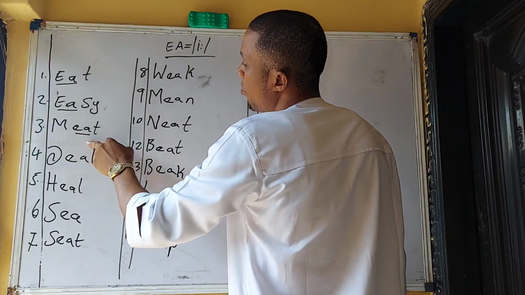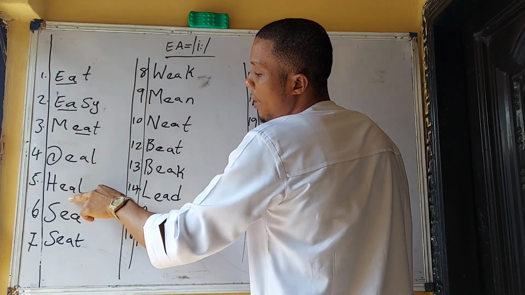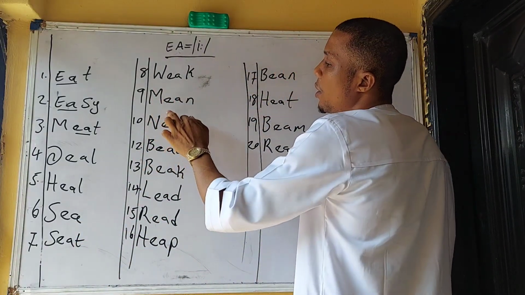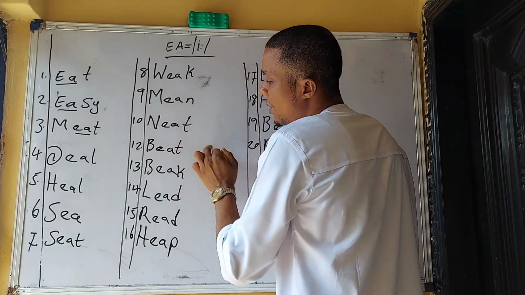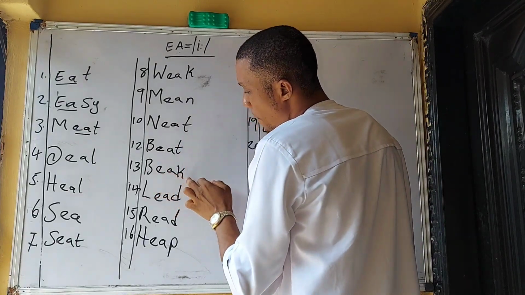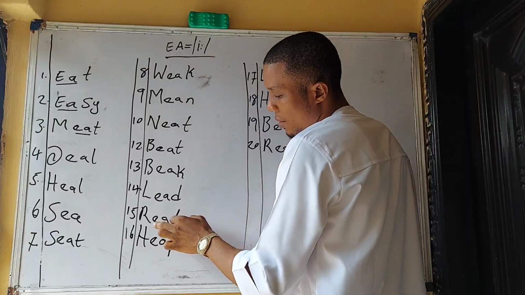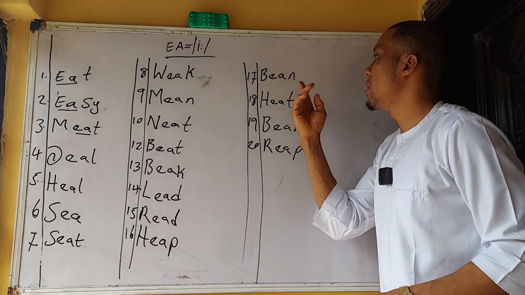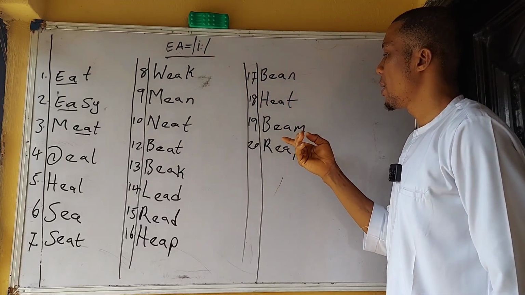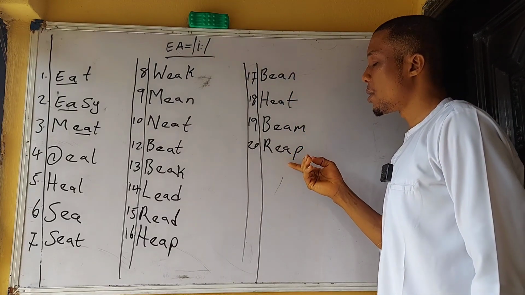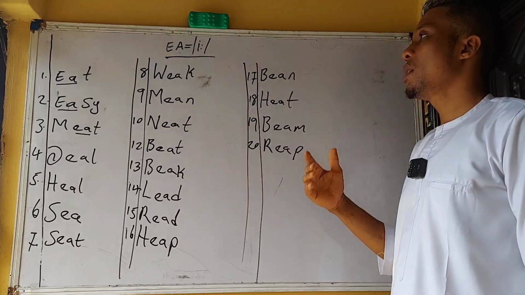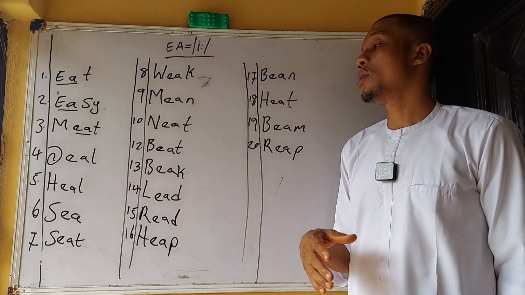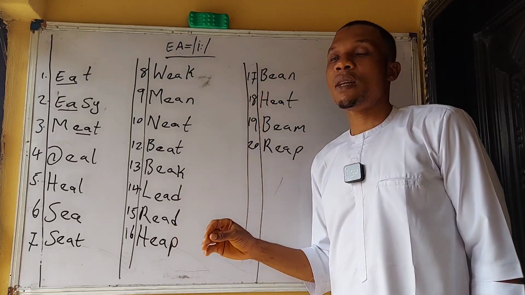Eat, easy, meet, deal, heal, see, sit, weak, mean, neat, beat, beak, lead, read, hip. And this to be what? Bean, hit, beam, and rip. So EA in these words is taking the E sound. Is that understood? So we have come to the end of this class.